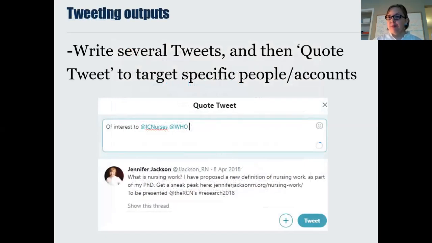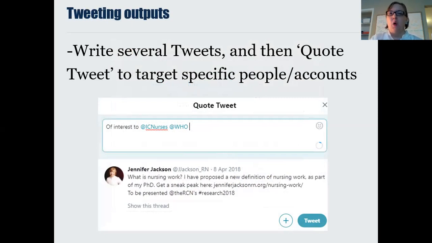So how do you keep from repeating yourself over and over again? You can write tweets and then use the quote tweet function to target specific people with your message. So here's a base tweet that I used for my PhD.